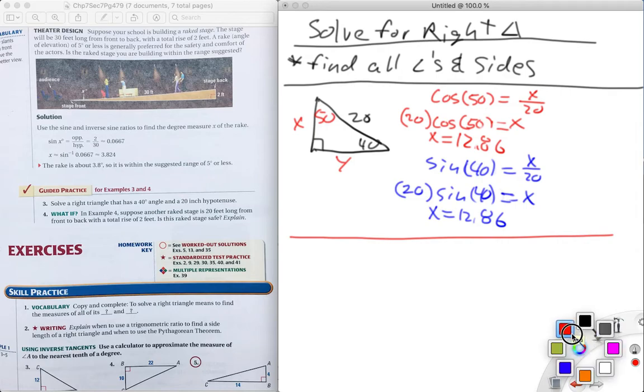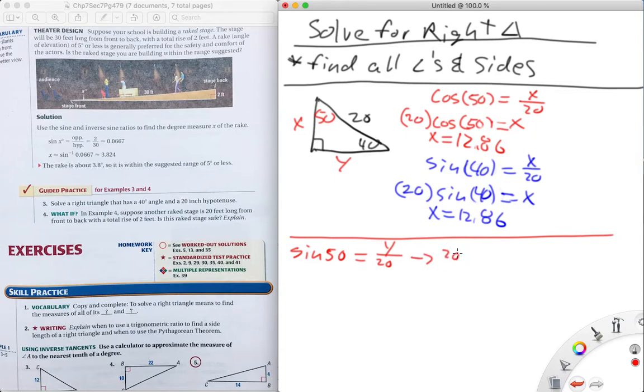Same thing with the y's. So if I did sine of 50, that equals y over 20, opposite over hypotenuse.